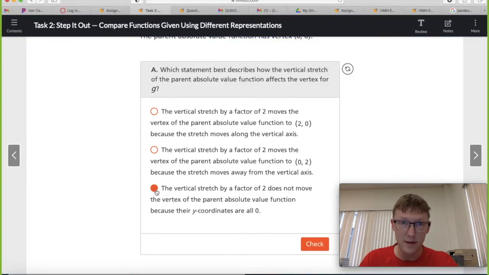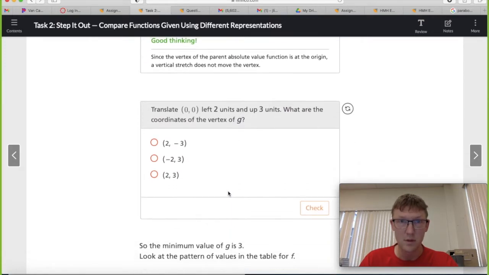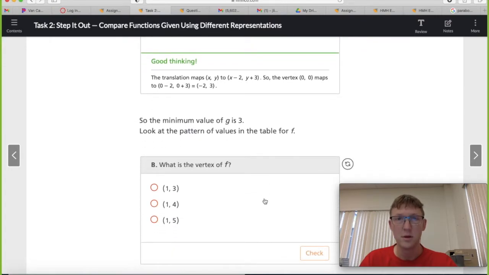It does not affect the vertex of the parent absolute value function. So then translate (0, 0) left 2 units and then up 3 units. What are the coordinates of the vertex? So x is going to be -2, y is going to be 3. So the minimum value of g is 3.